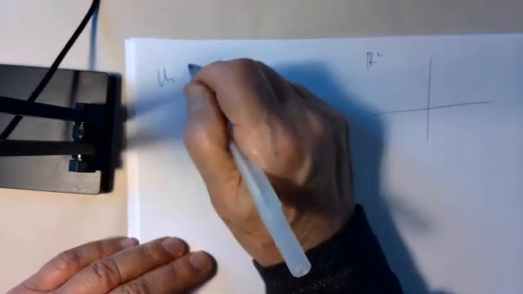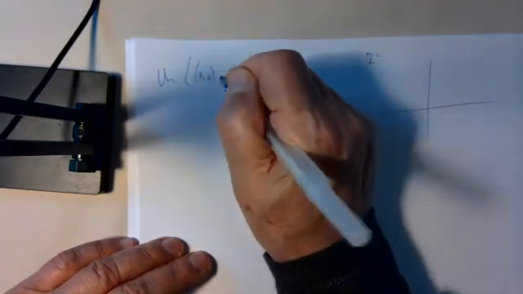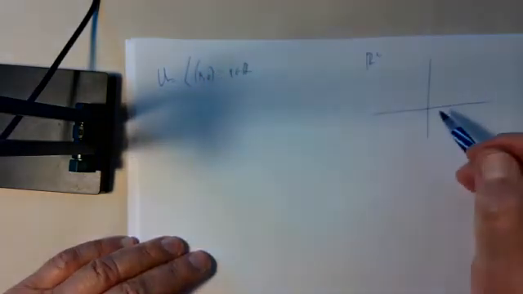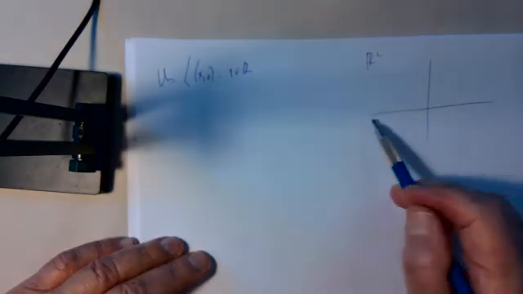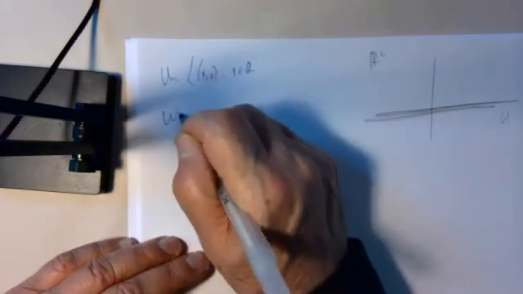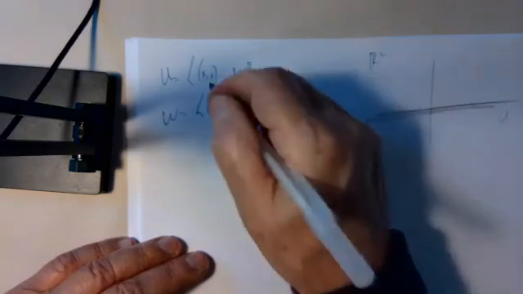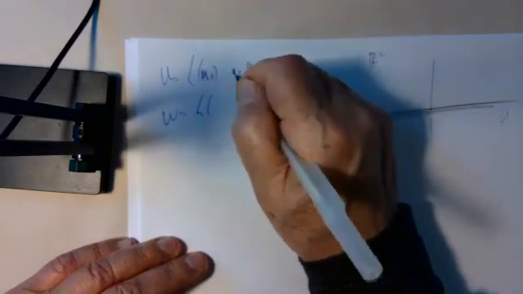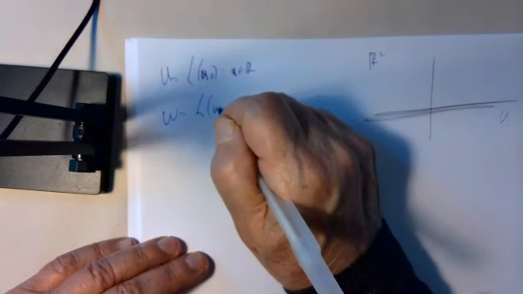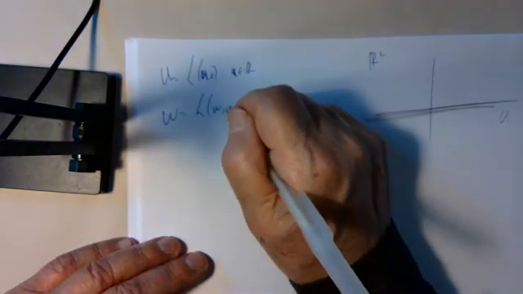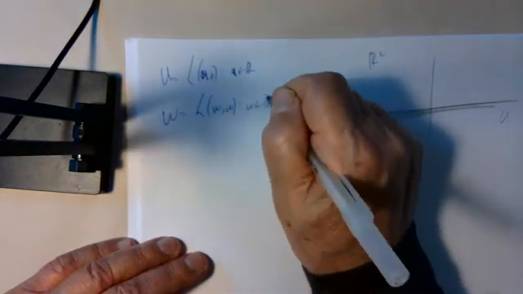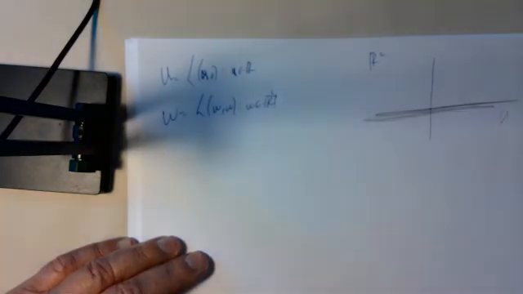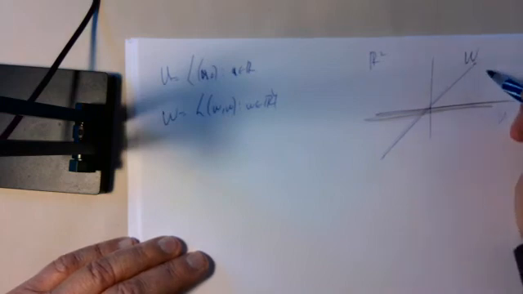So U is the x-axis, everything of the form (u, 0), u in R. W was the line x equals y, everything of the form (w, w), w in R. So this is my subspace W.